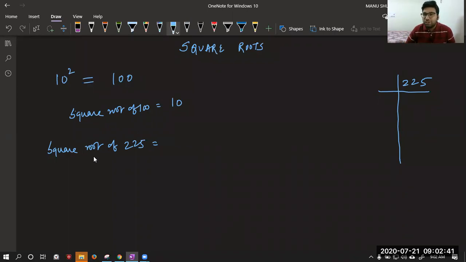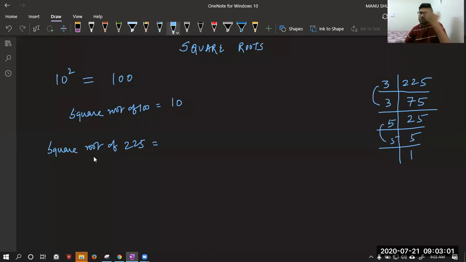First, let us take 3. 3 sevens are 21, 3 fives are 15. Again with 3, 3 twos are 6, 3 fives are 15. Then 5, 5 fives are 5, then 1. So we have a pair of 3, a pair of 5, one 3 will come, one 5 will come. The answer will be 3 into 5, 15. So the square root of 225 is 15.